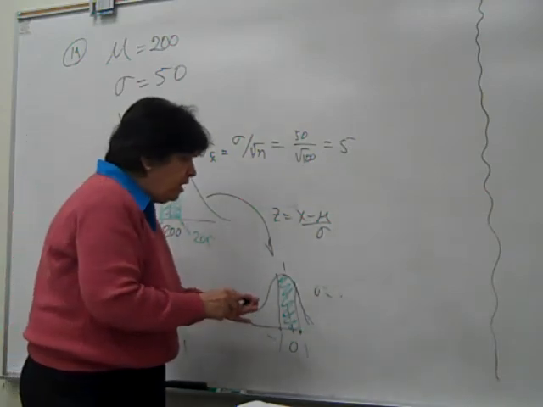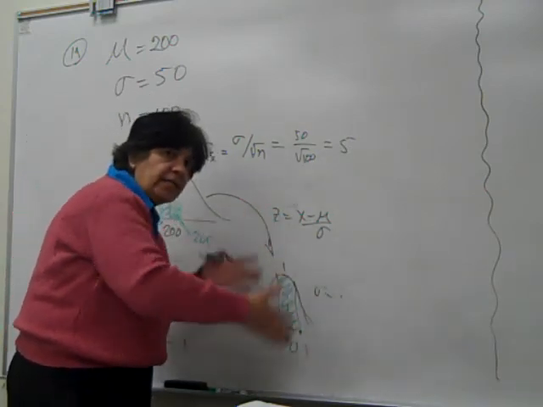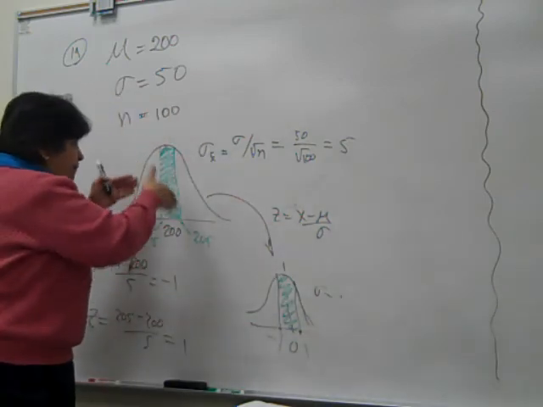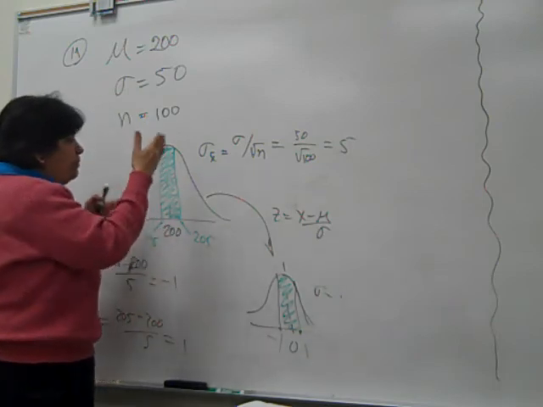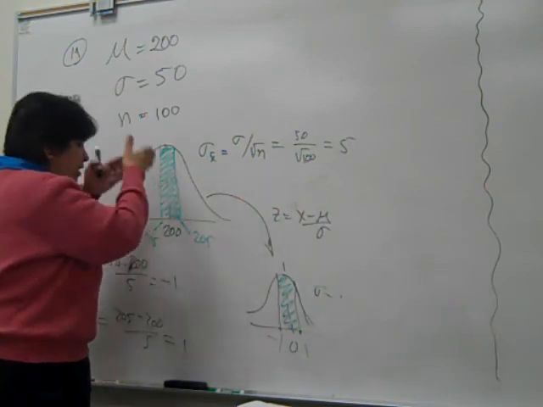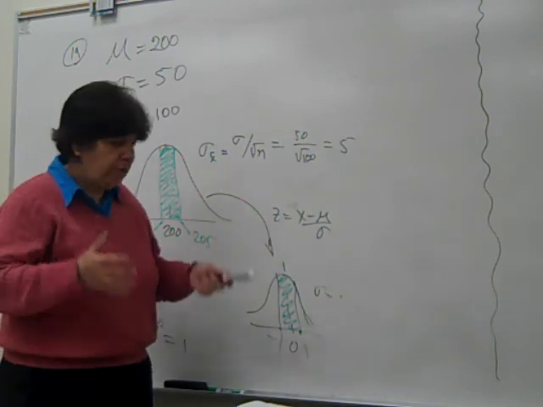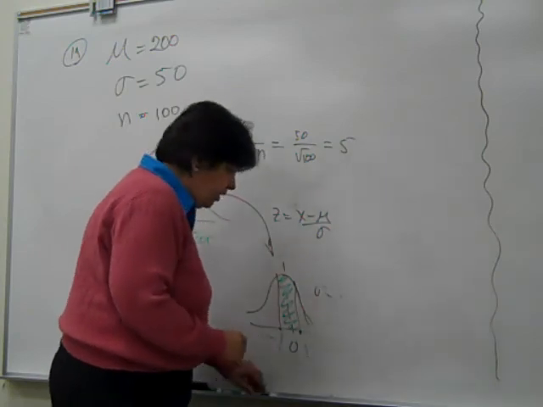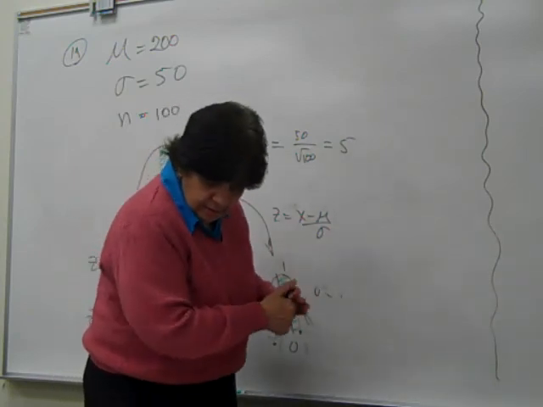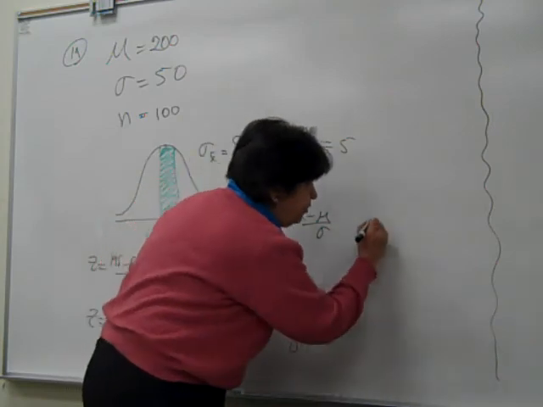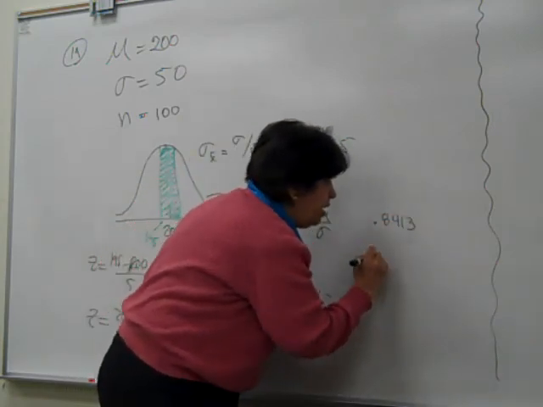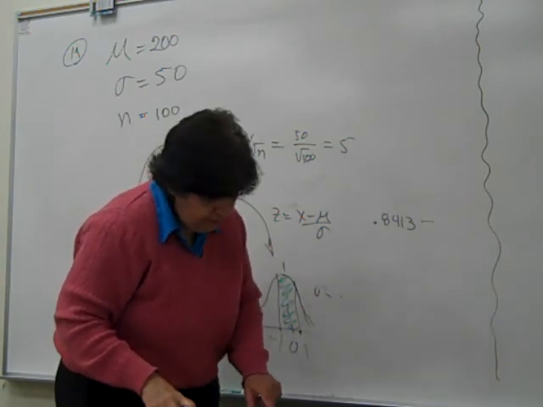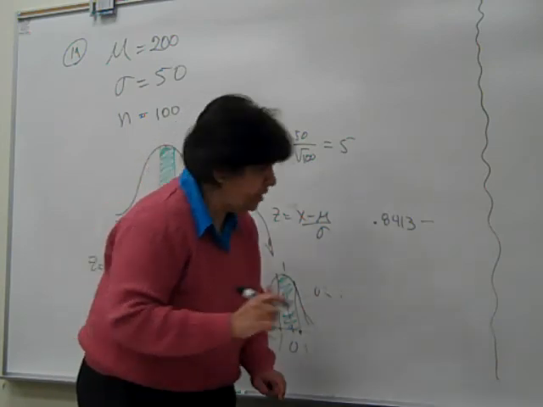So if I find the probability between positive and negative 1, I'm going to find the probability that the value is within plus minus 5 of the population mean. So I go to my table, find positive 1, that is 0.8413, minus negative 1, that is 0.1587.